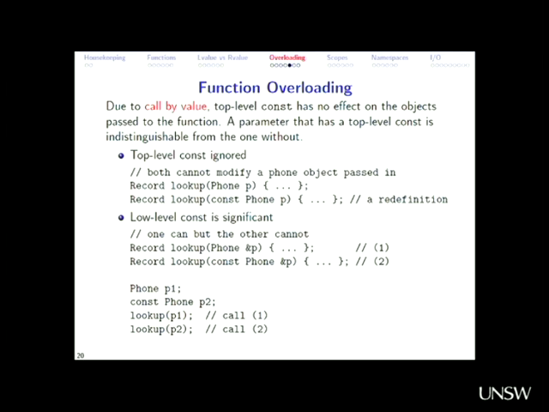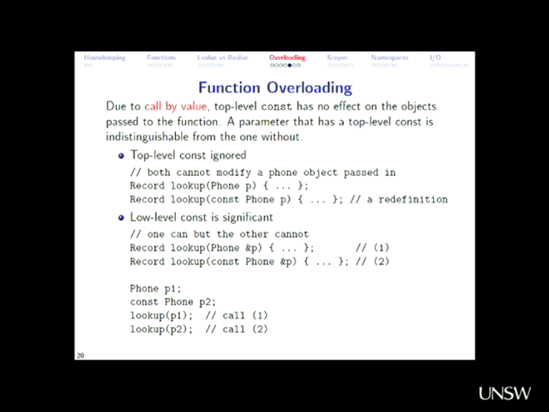If you have a method here called lookup, which returns a record, and you try to declare a function that takes in a phone p and a second function that takes in a const phone, that's a redefinition of the same function and gets converted into a compiler error, because you've tried to declare two different functions that actually take in the same thing, and it doesn't know which one to call.